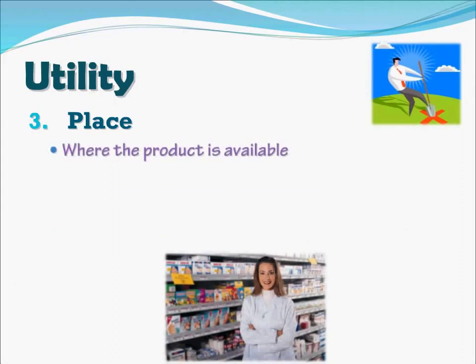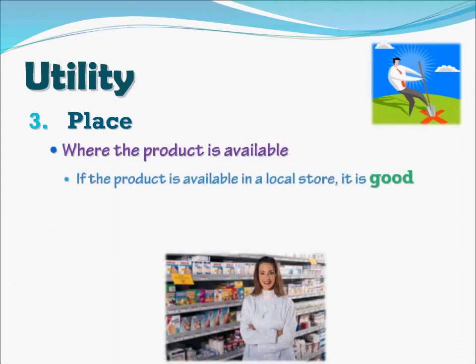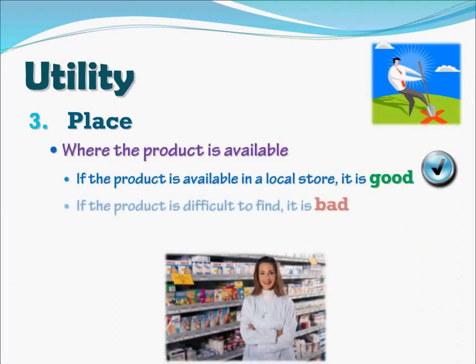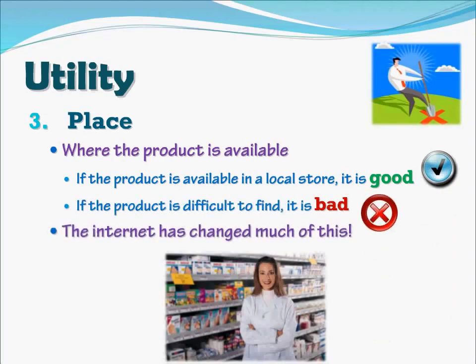Place utility refers to where the product is available. If the product is easily accessed, if you can easily purchase the product, it has very good place utility. If it is very difficult to find, however, it is very bad place utility. The internet has, again, revolutionized this idea of place utility.